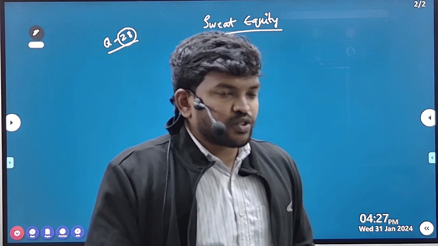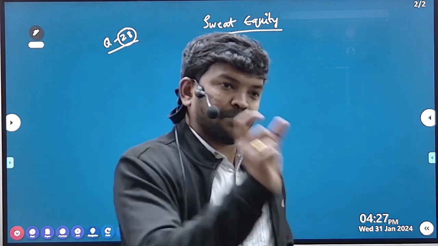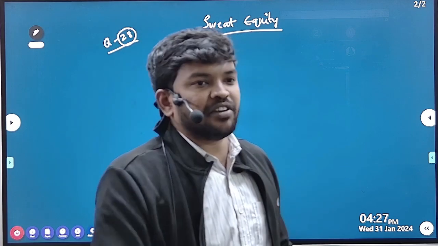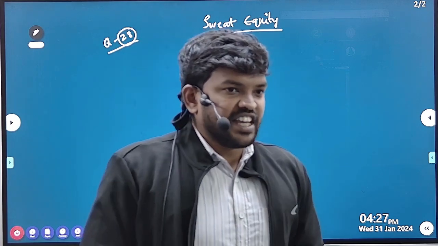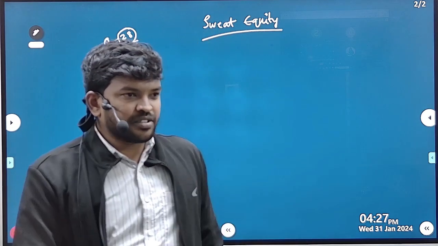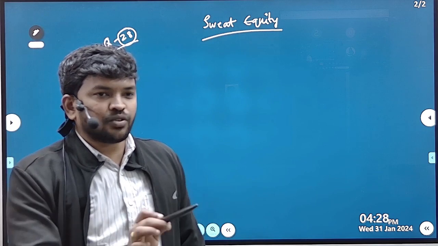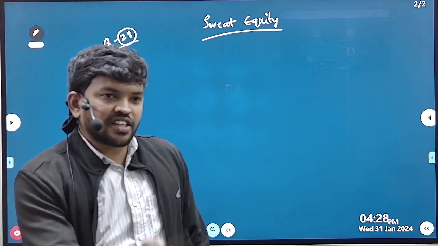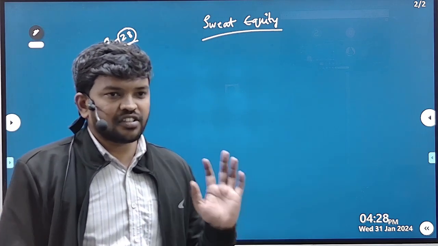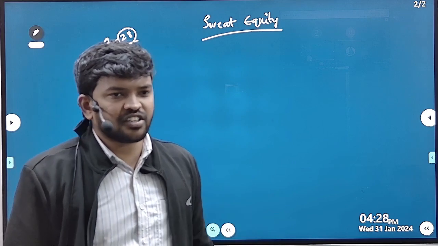So the difference between the market price and the issue price, they'll benefit. Say for example, face value is 100 rupees, market value is 200. The company should issue at less than 200 for these employees or directors, then only they will take the sweat equity shares.